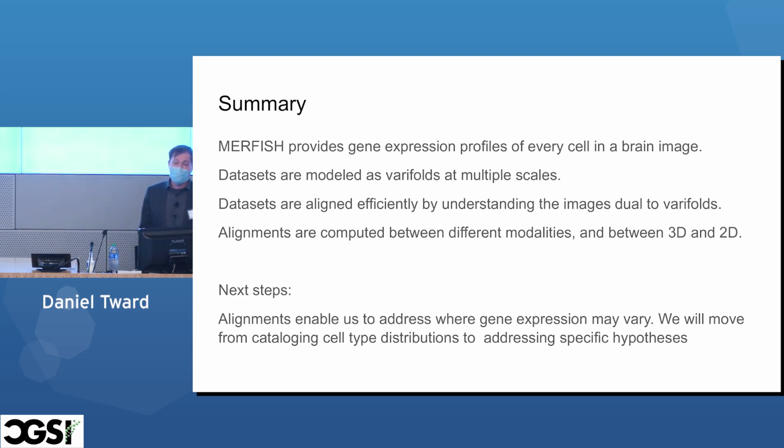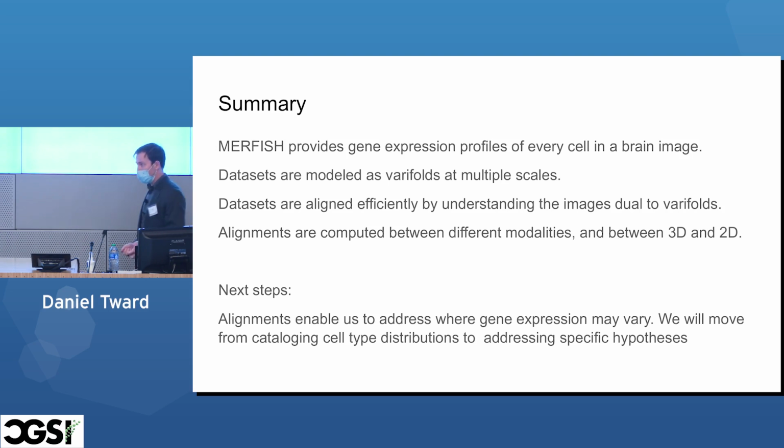We are proposing a model for analyzing these data sets called varifolds, which is a tool that came out of geometric measure theory, and analyzing them at multiple scales by alternating between spatial aggregation and feature transforms to extract meaningful signals at each spatial scale. We can align these data sets efficiently by understanding the images that are dual to these varifolds.